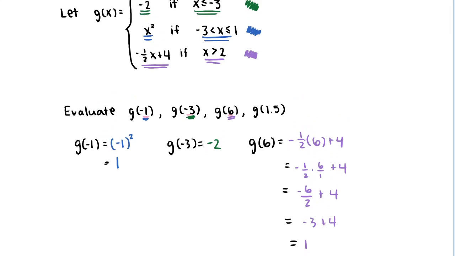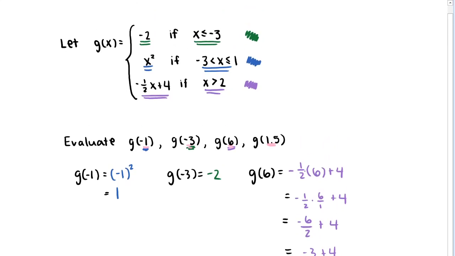Okay, and now this last example says, take our g function and input 1.5. So what rule does 1.5 fall into? What part of this function should we use? Well, 1.5 is not less than or equal to negative 3, so I'm not going to use this rule. 1.5 is not between negative 3 and positive 1, so I'm not going to use this rule either.